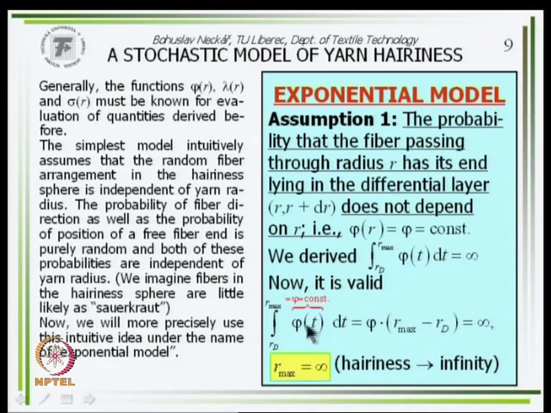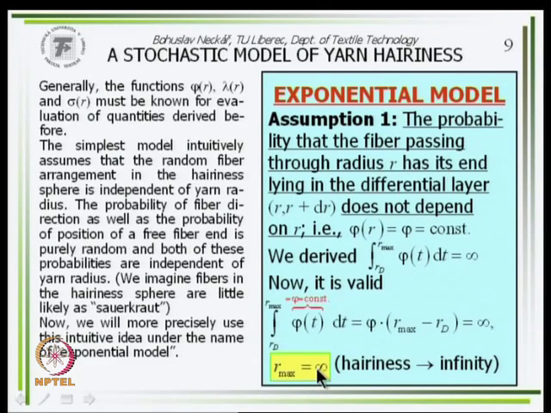Phi, because it defines some probability and the fibers must finish, must be some real quantity higher than 0. Then r max minus rd must be infinity. Rd is a given value, so r max must be equal to infinity.